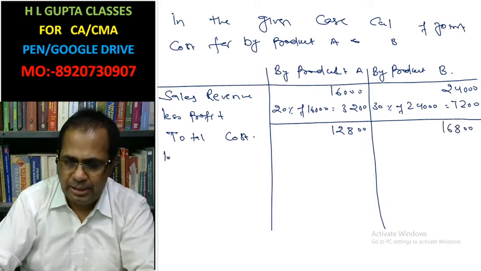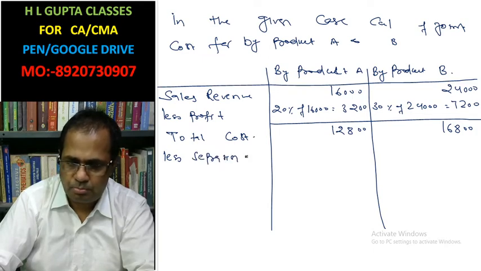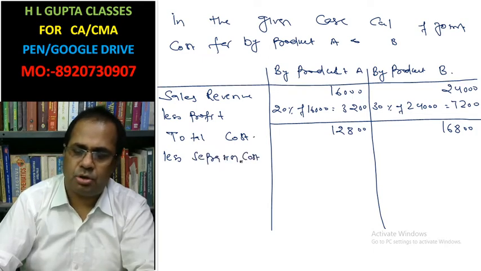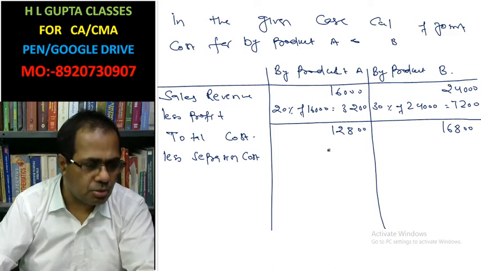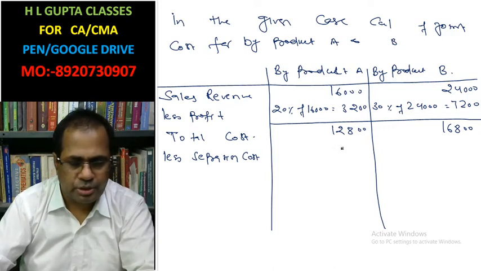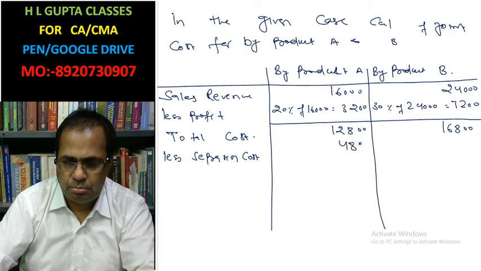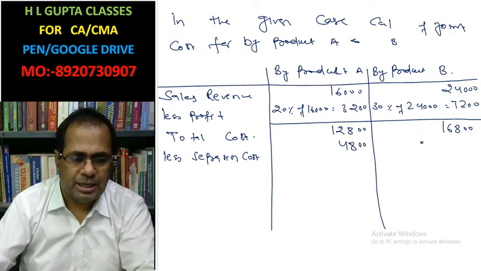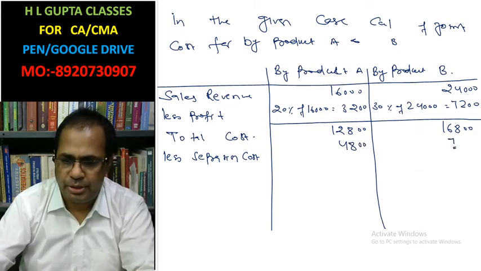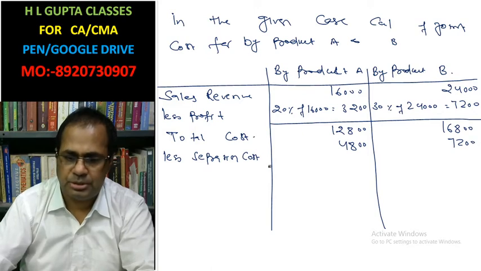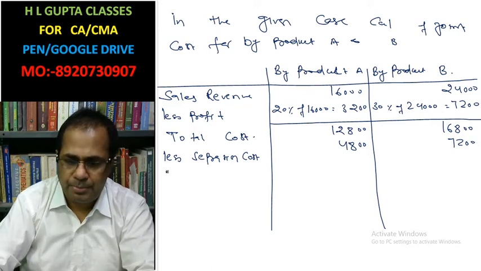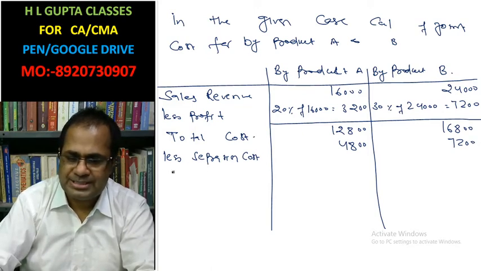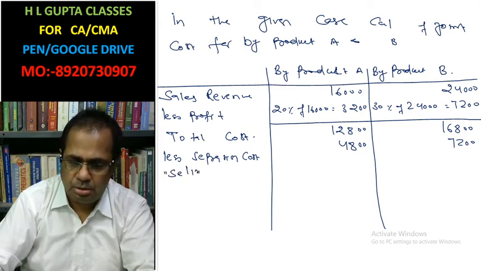16,800 less separation cost. Separation cost is given in the question: 4,800 and 7,200. Thereafter, you have to calculate selling expenses.